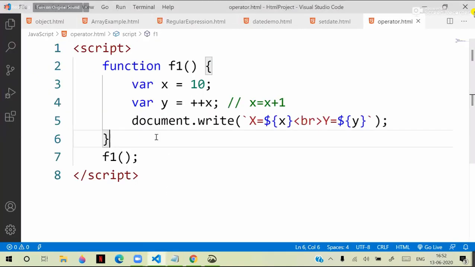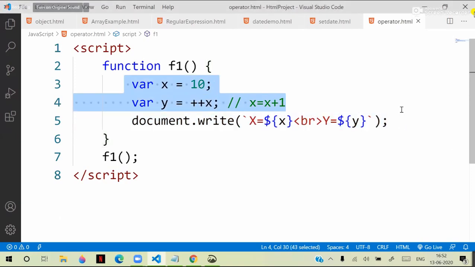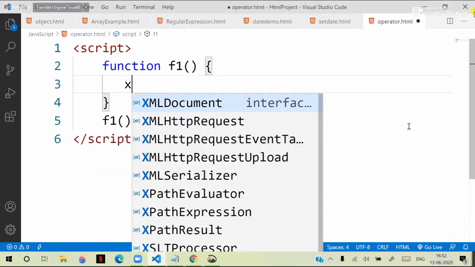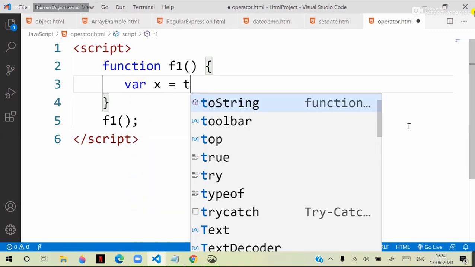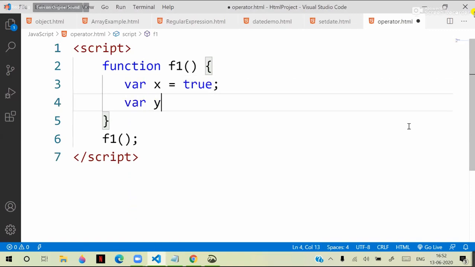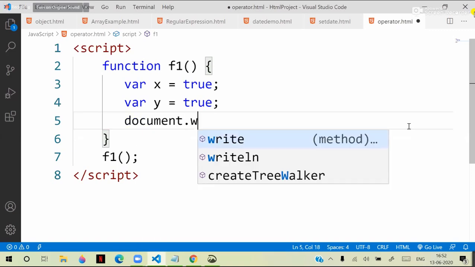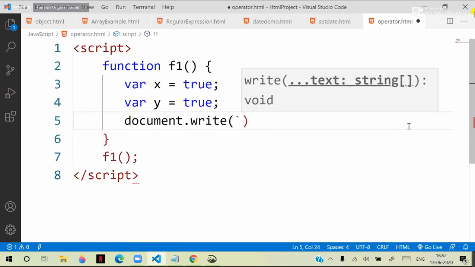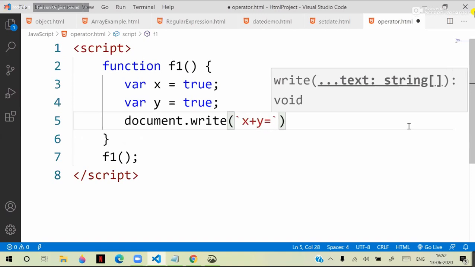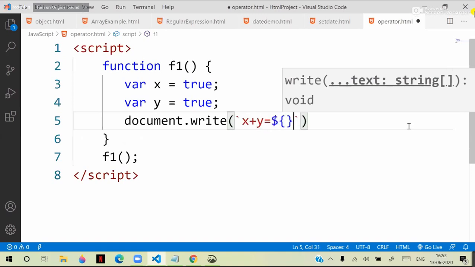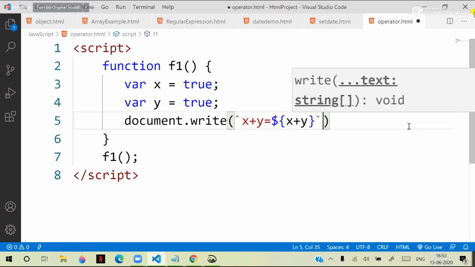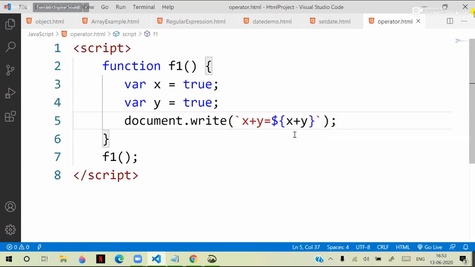I will show you. For example, suppose x is equal to true, y is equal to true, and document.write x plus y, so we are printing x plus y.